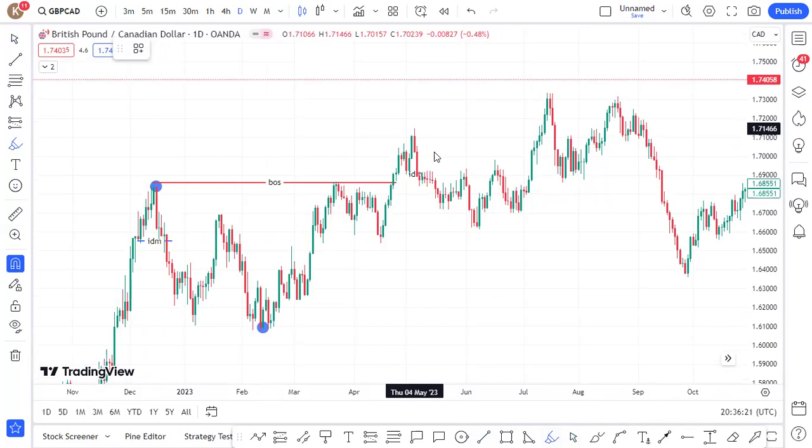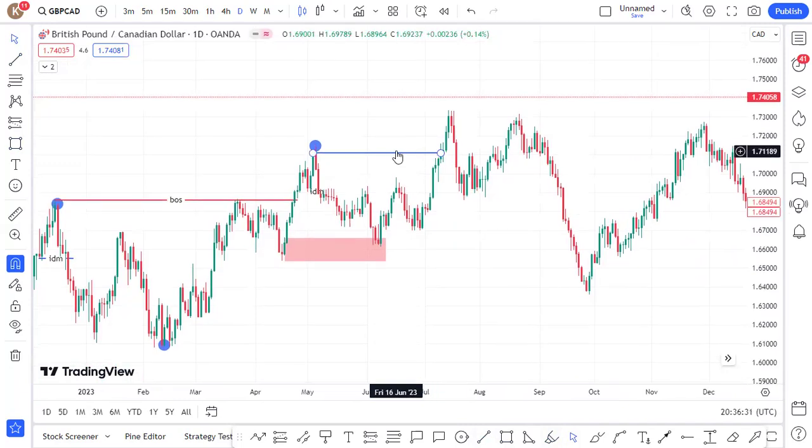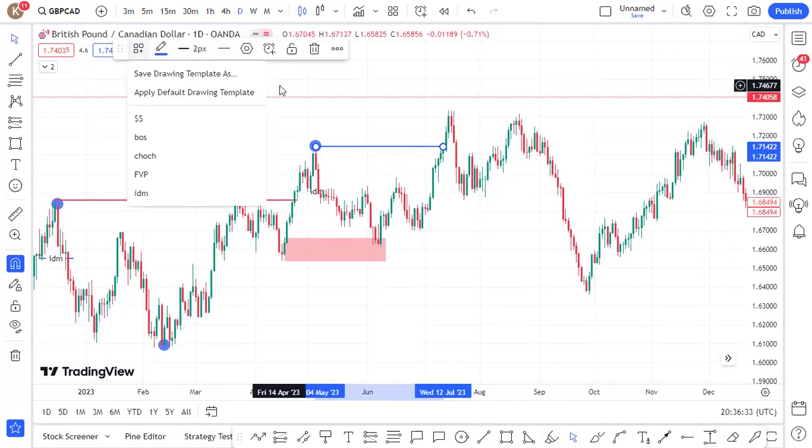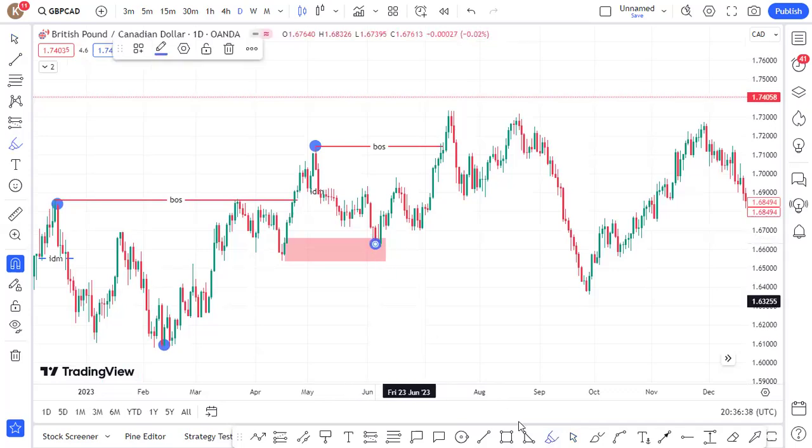Our IDM is here, and the price taps on this order block here, goes to the upside. Break the upside, you get a new breakout structure here. BOS is our low. The new inducement here.